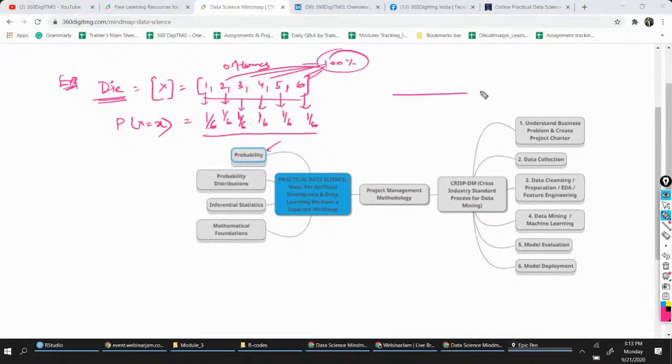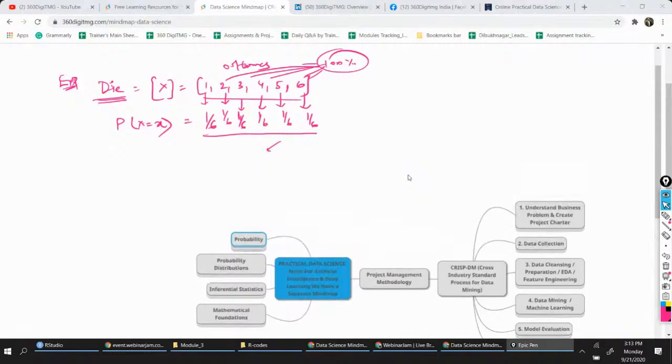So if I take the data here, let me draw it here. So this is my data. What is the data?